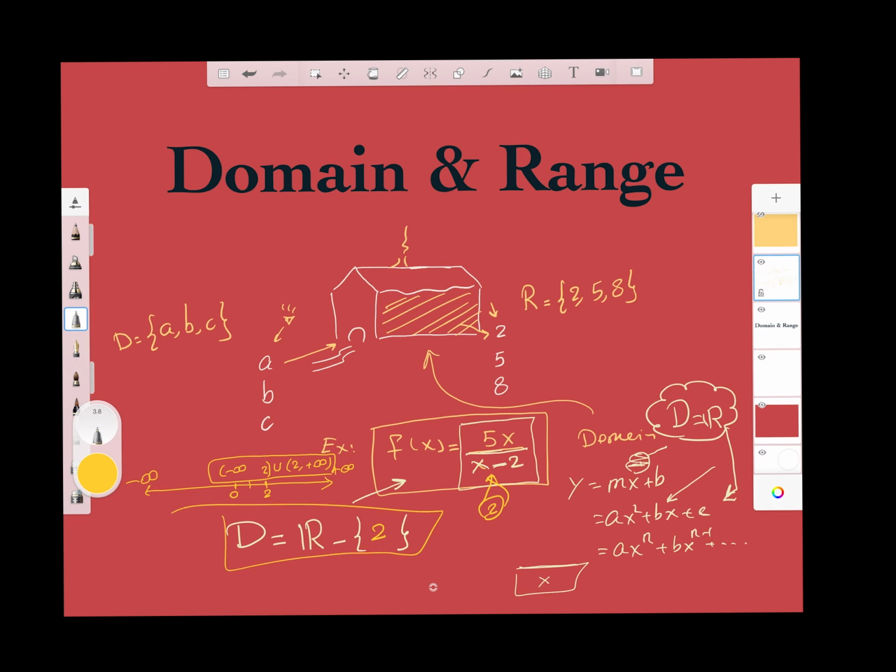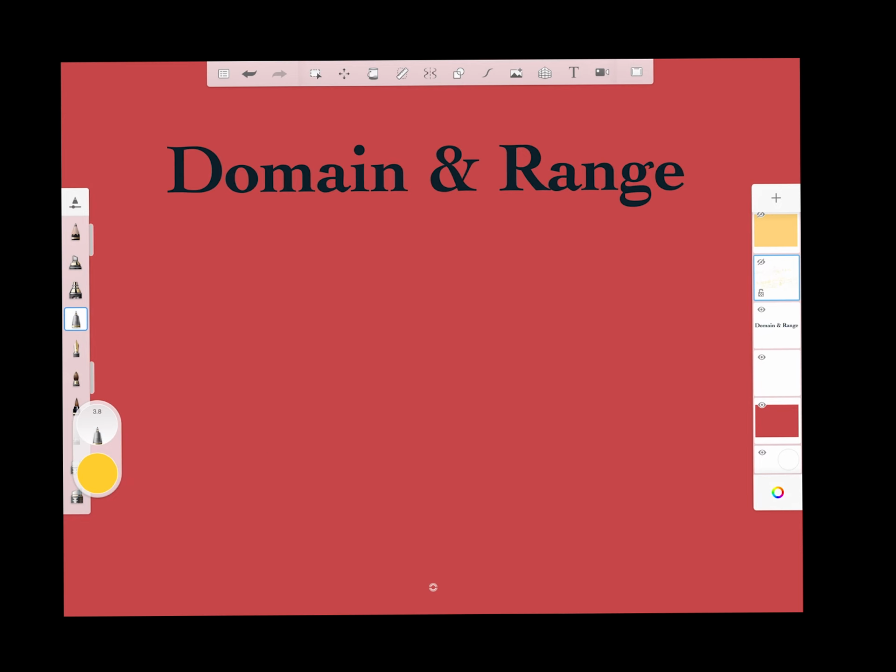Let's have another example. g of x equal to 1 over x plus 3. What's the domain of g? Because there is x in the denominator, you should know the way you're going to start.